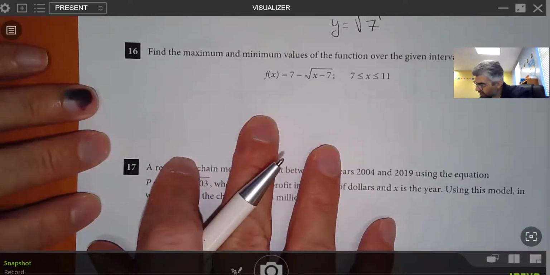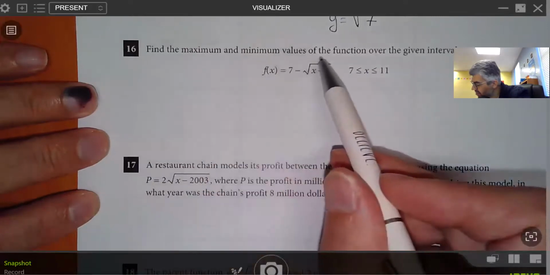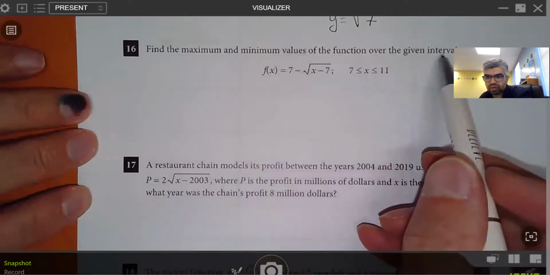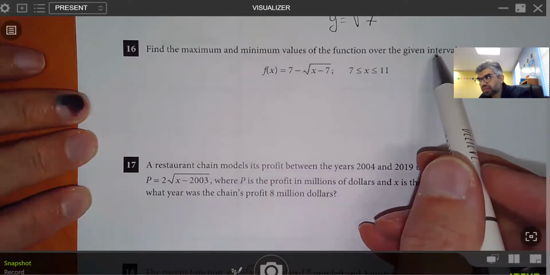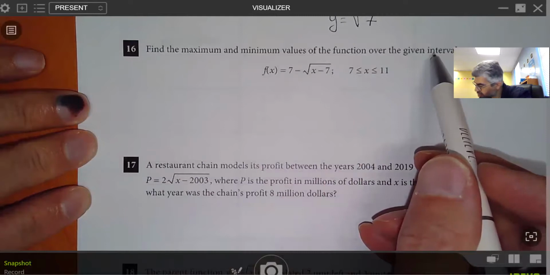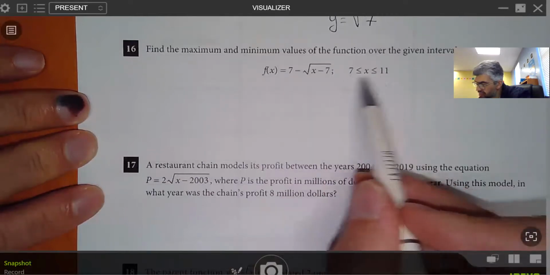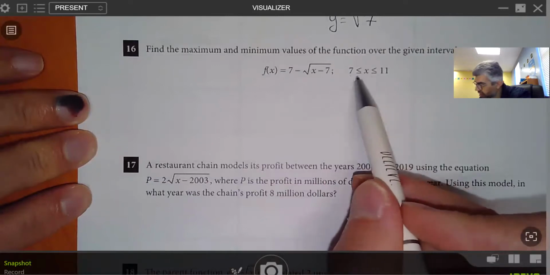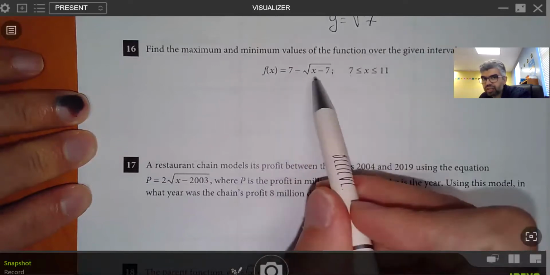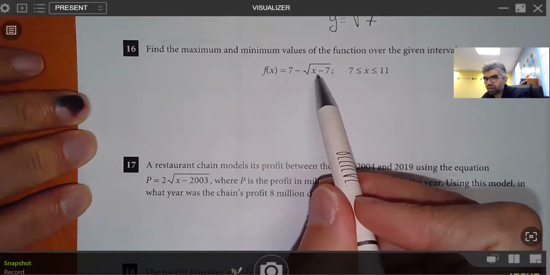Number 16, find the maximum and minimum values of the function over the given interval. Maximum, minimum values of the function. Well, it's again related to the domain and the range. By the way, here, x is bounded, right? From 7 to 11. What kind of function do we have here?